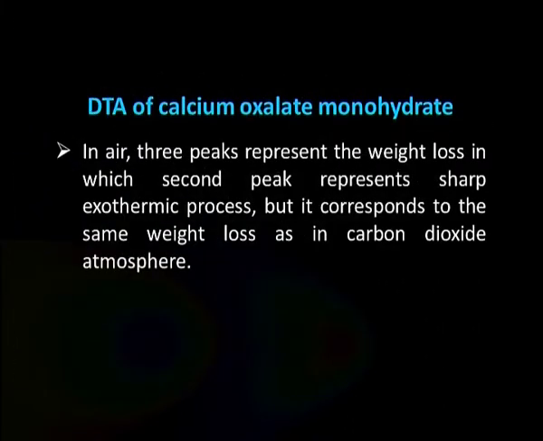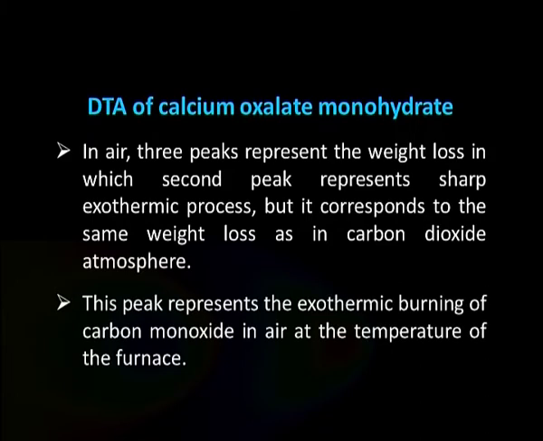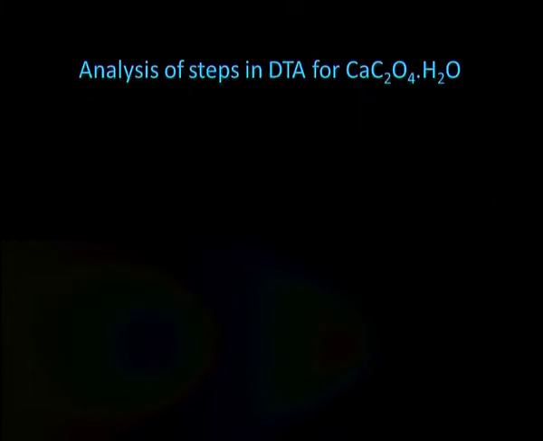In air, three peaks represent the weight loss, in which the second peak represents a sharp exothermic process, but it corresponds to the same weight loss as in carbon dioxide atmosphere. This peak represents the exothermic burning of carbon monoxide in air at the temperature of the furnace.